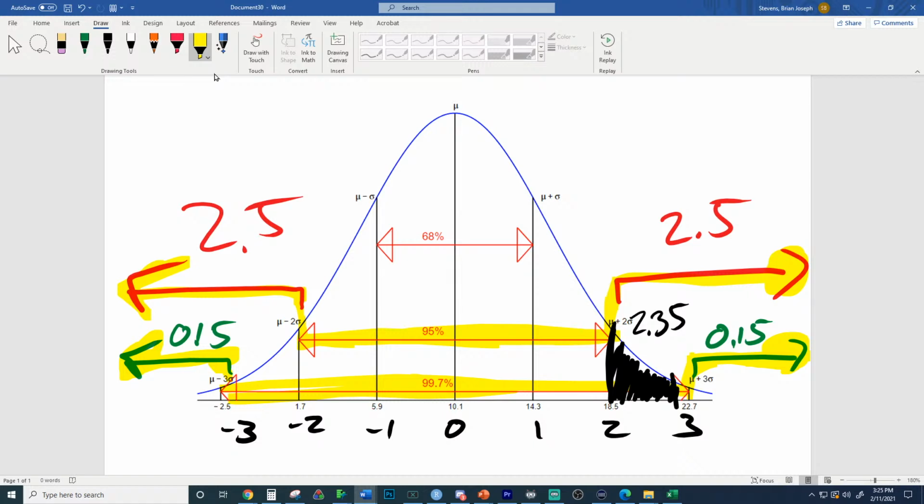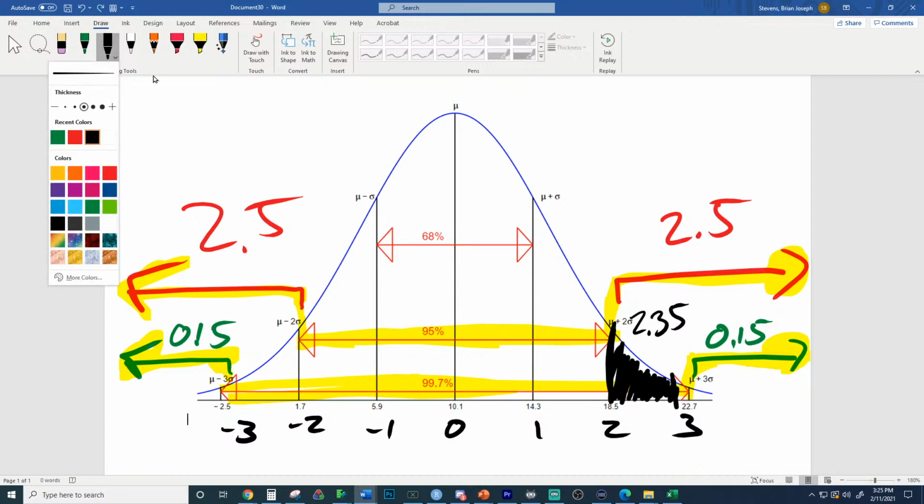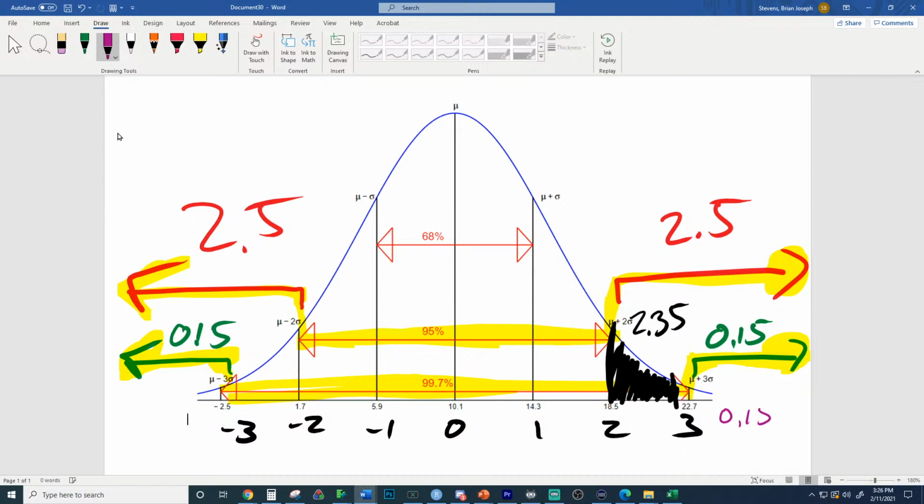And then you might say, well, Brian, why is that area right there? I'd like for you to look at this. Let's do it in another color. 0.015 and 2.35.